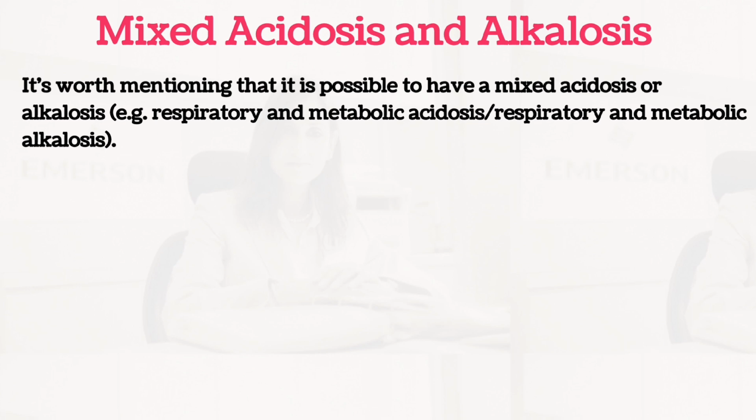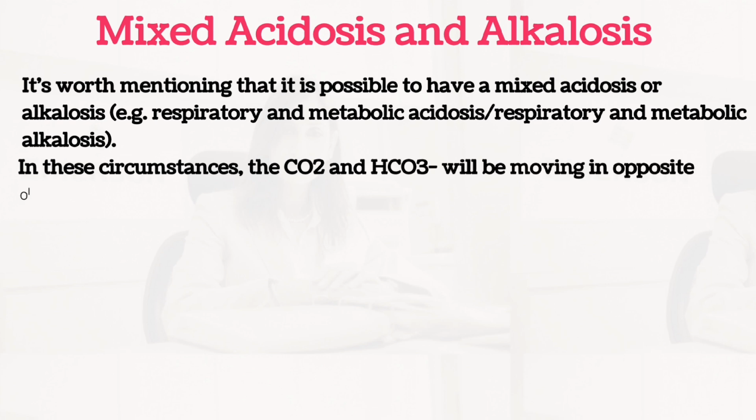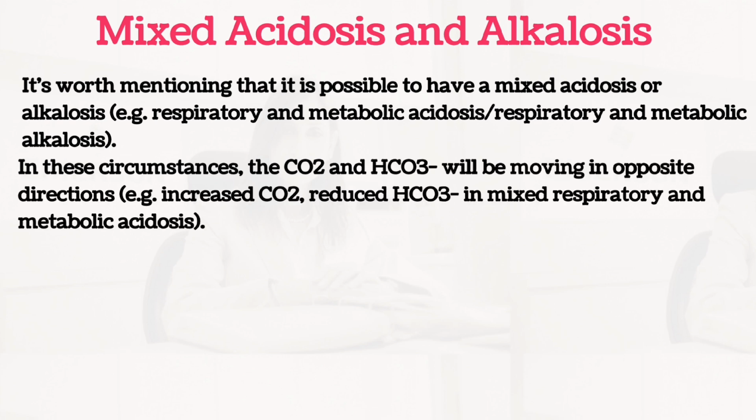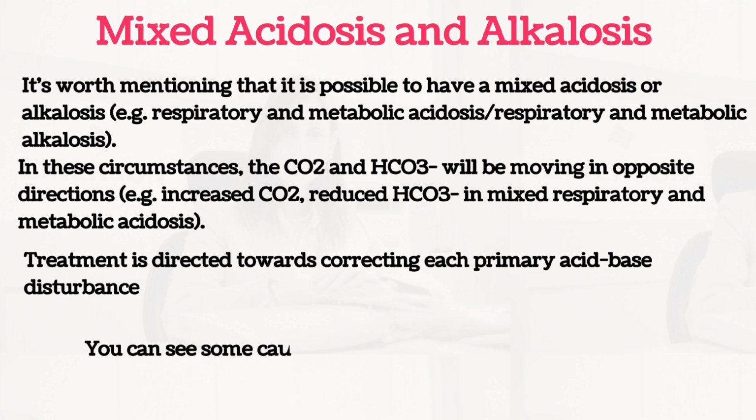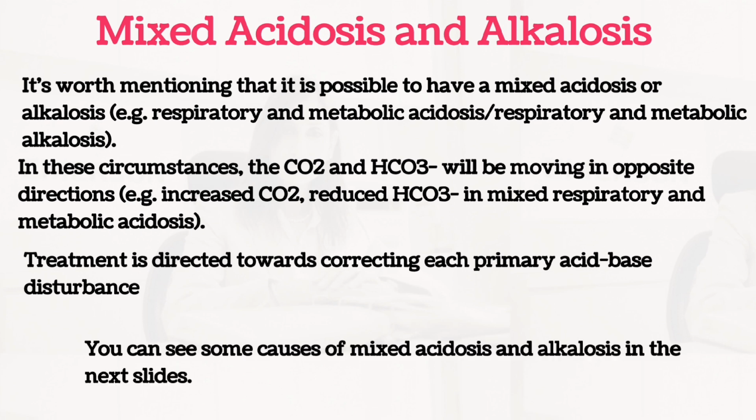In these circumstances, the CO2 and HCO3 will be moving in opposite directions, e.g. increased CO2, reduced HCO3 in mixed respiratory and metabolic acidosis. Treatment is directed towards correcting each primary acid-base disturbance. You can see some causes of mixed acidosis and alkalosis in the next slides.